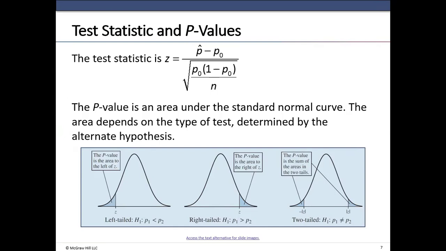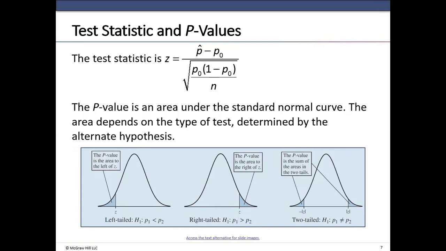We have, under the square root, p0, assuming the null hypothesis to be true, that is the value in the null hypothesis, times (1 minus p0) divided by n, everything under the square root. The whole thing under the square root is the standard deviation of the sampling distribution of p hat, sometimes called standard error.